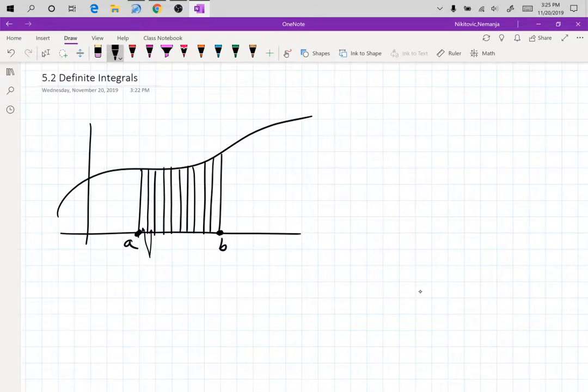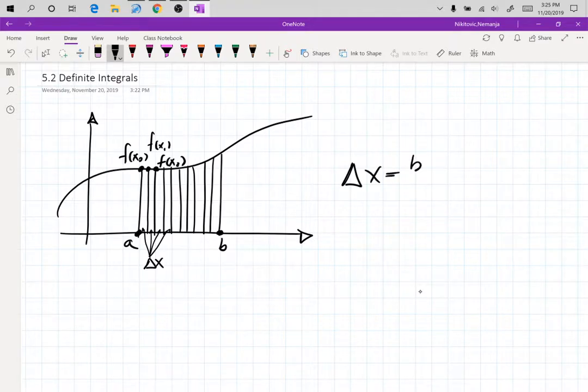Each one of these little lengths was delta x, and each point was f of x0, f of x1, f of x2, and so on. So we had the heights calculated in the function, and the width was delta x, and we said that delta x was b minus a over n, which was the number of rectangles.